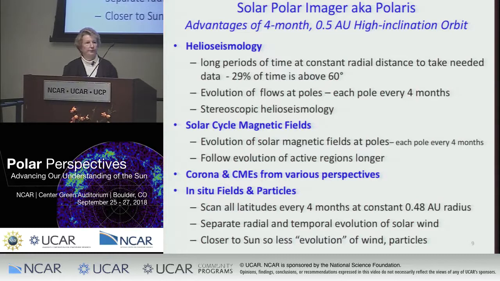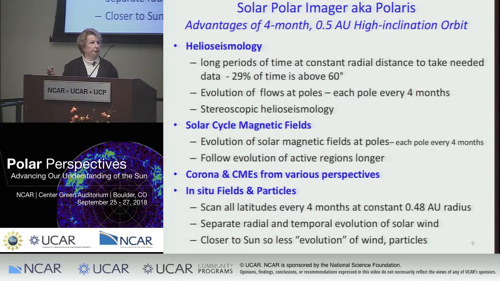And as you heard this morning, above 60 degrees is a really good place to get good observations of the polar region. Since it's on this 3:1 resonance, you're doing a complete polar orbit every 4 months, so you get a good look at how the flows and magnetic fields are evolving in the polar regions.